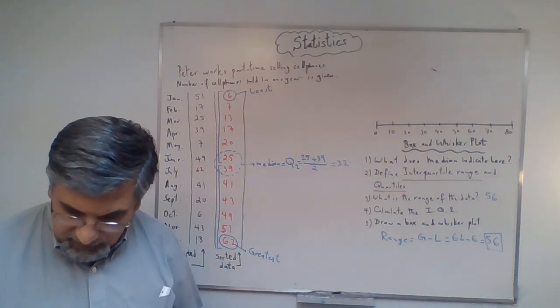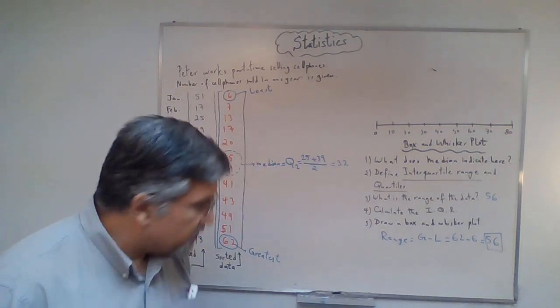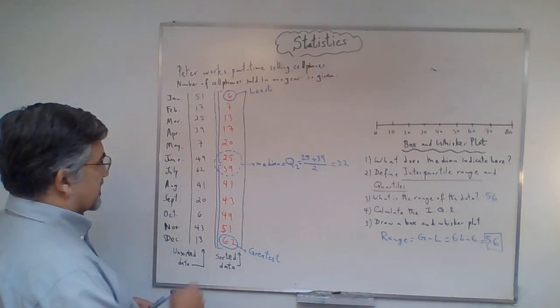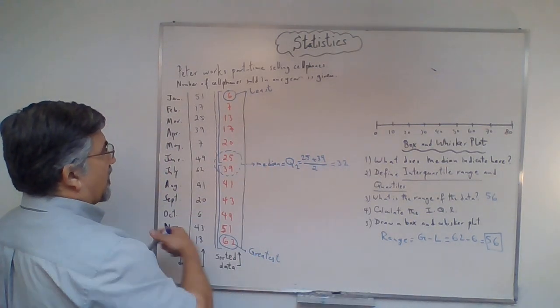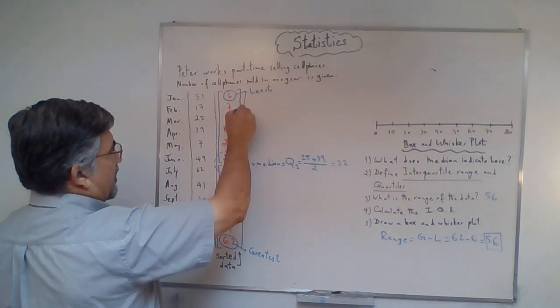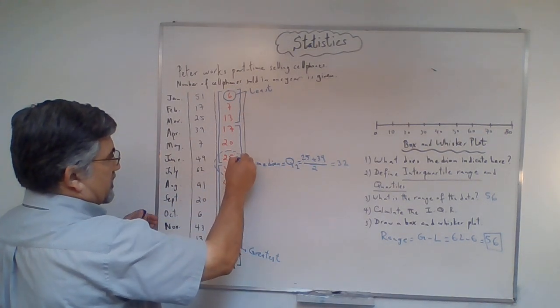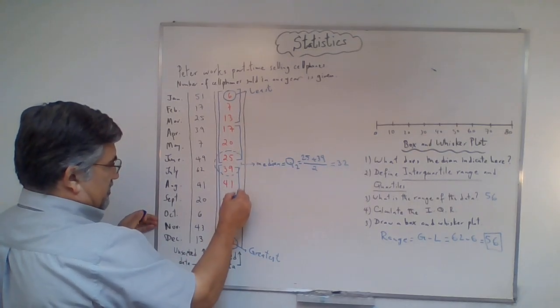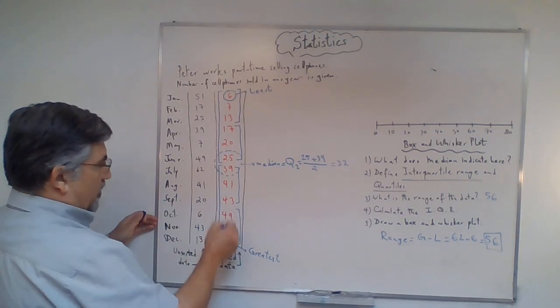So I have to divide the set of data I have into 4 parts, as I said. I have 6 at the top, so that means I'm going to have 3 at the top, and then 3, and then 3 at the bottom, and 3 at the bottom. So 1, 2, 3, 4.